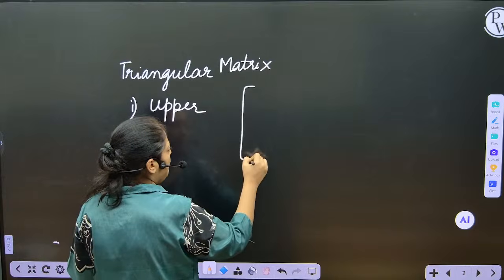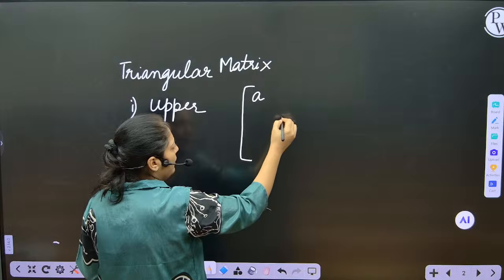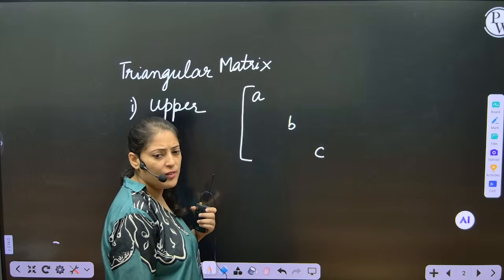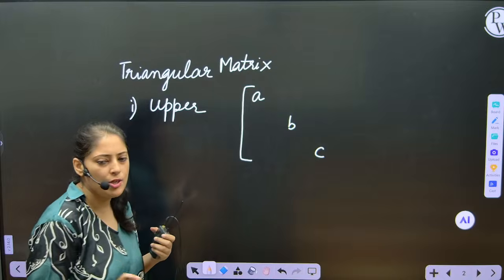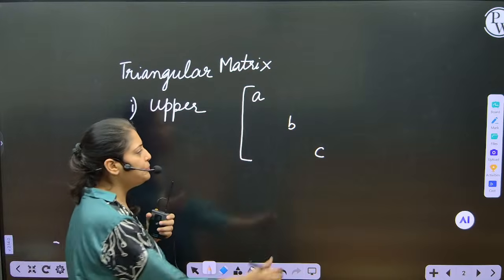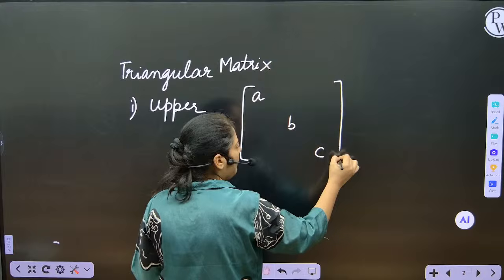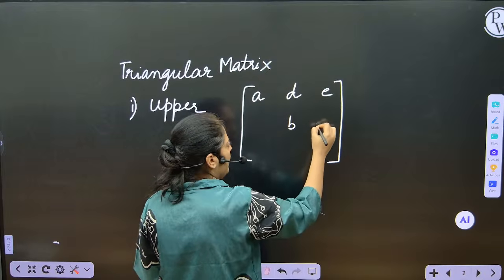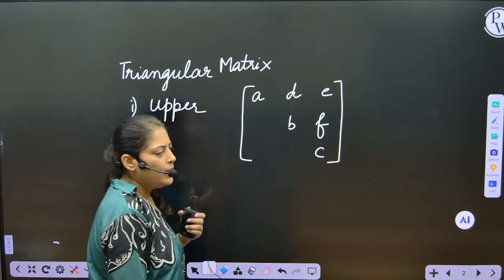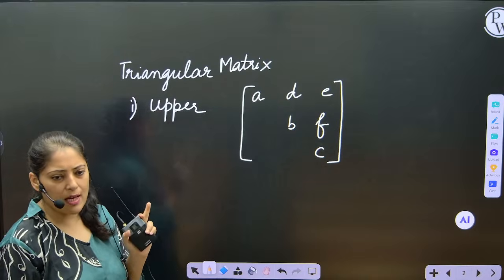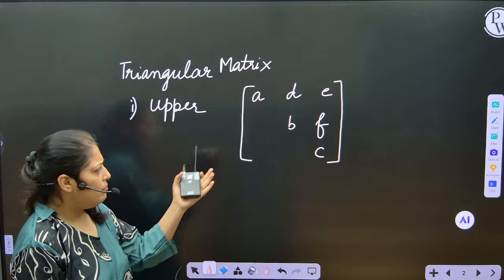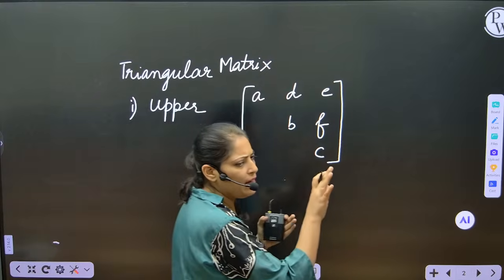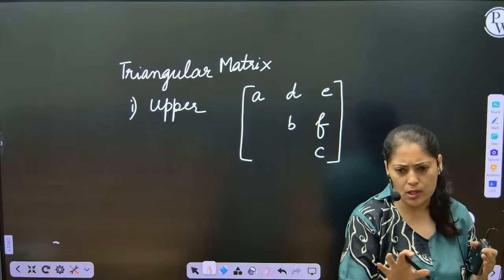Suppose A, B, C. These are the diagonal elements, 3 cross 3. Of course, I am talking about a square matrix here. Suppose D, E, F. That means these elements are already there. Not every element has to be 0, I would say.